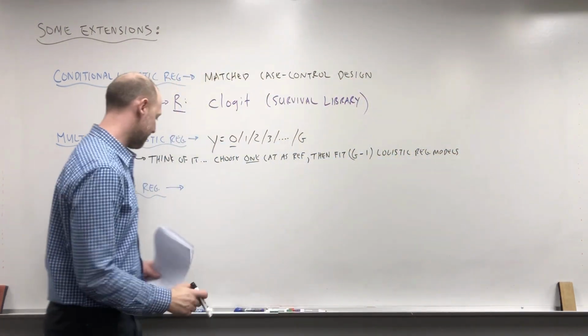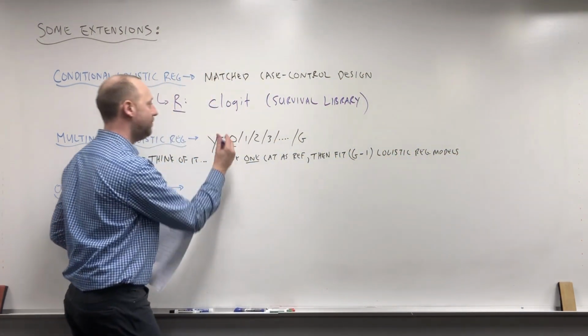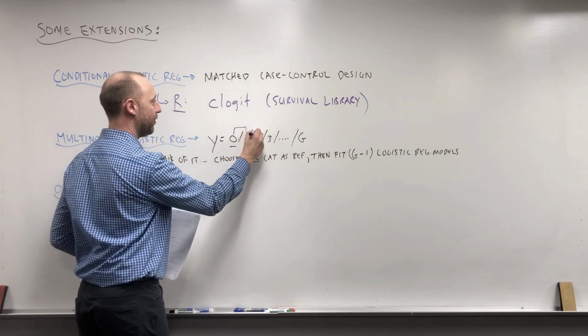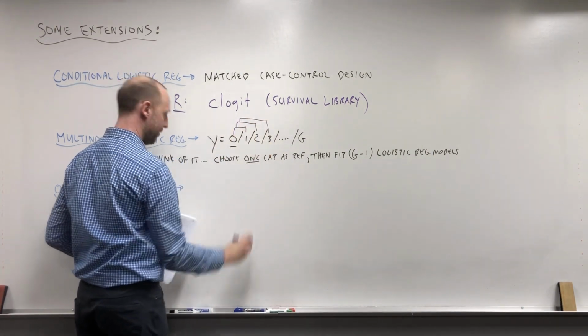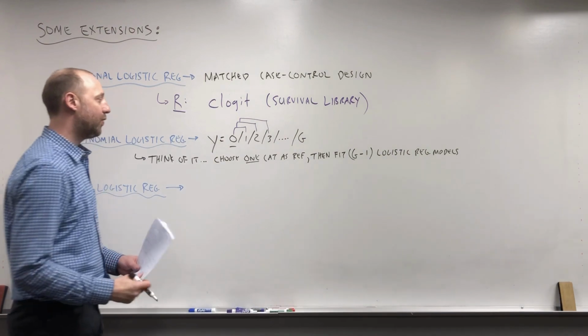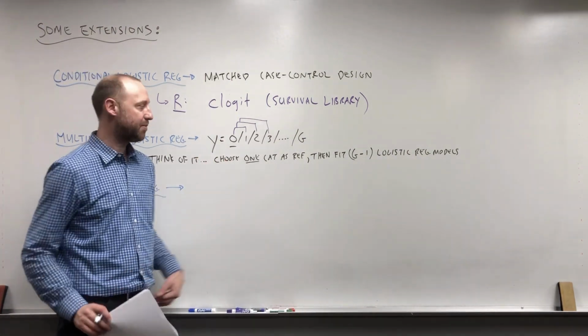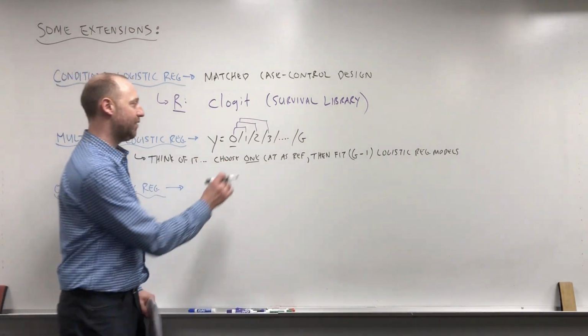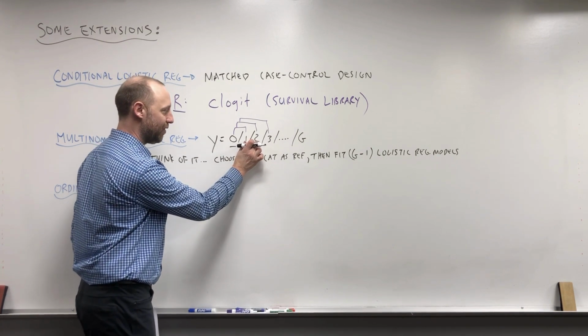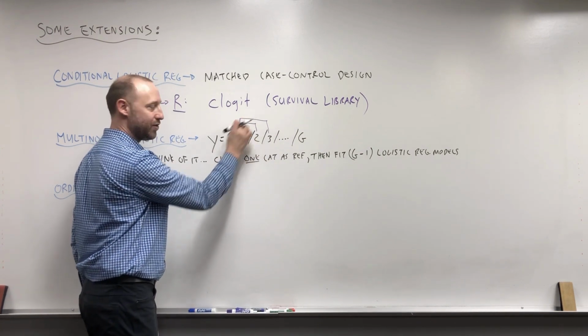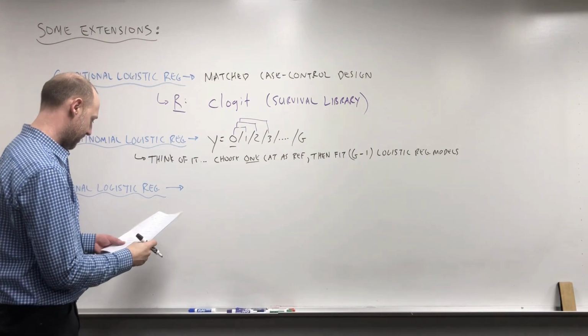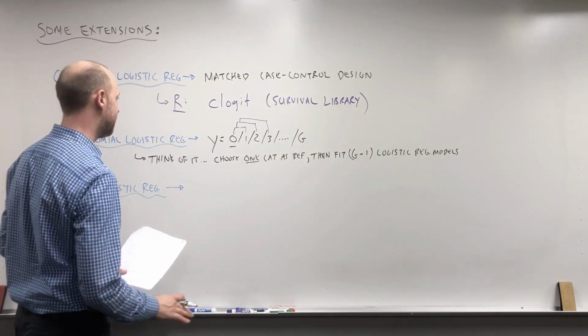So that's what it's doing in concept. Fitting a model for 1 versus 0, 2 versus 0, 3 versus 0, and so on. Although it's doing it all in one step, but conceptually that's what it's getting at. And if you want to compare other levels, 1 versus 2, you need to do it using the submodels. But that's what it's doing in concept.